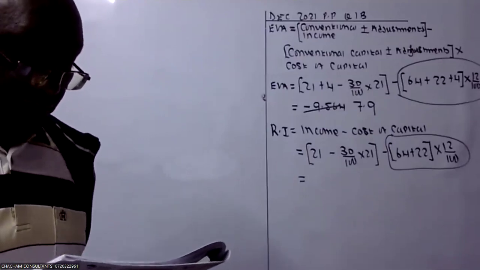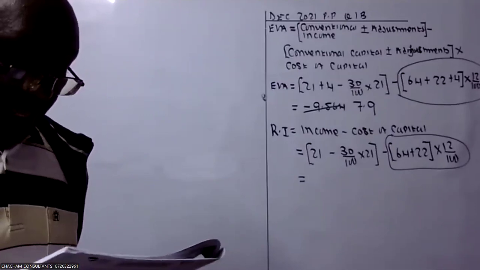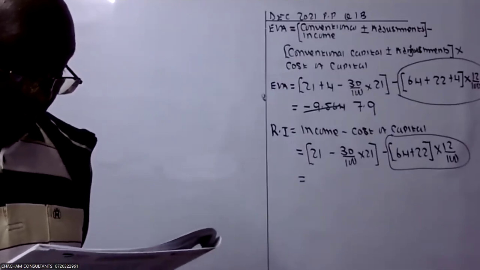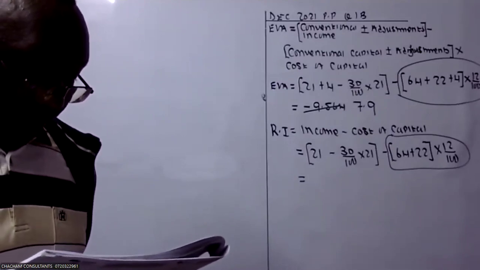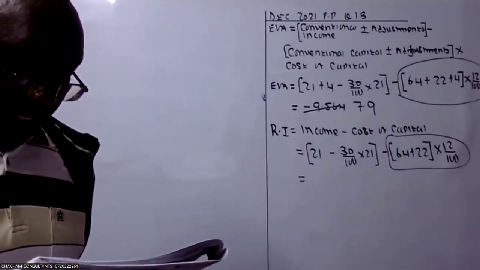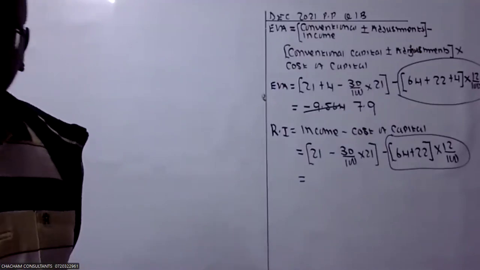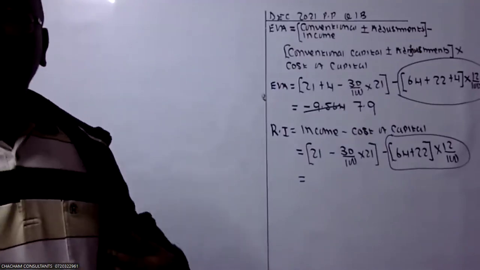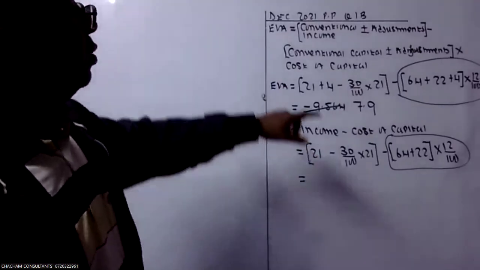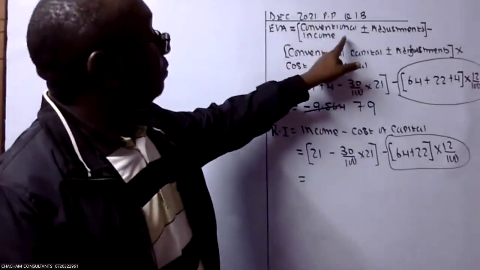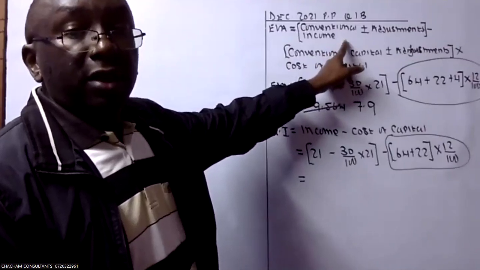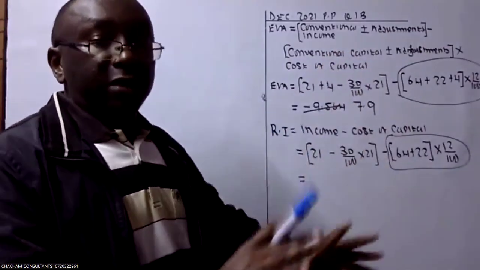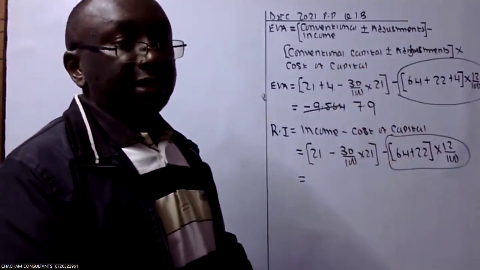So we have divisions, the head office. And then we are told to evaluate the divisional performance using the economic value added approach. So that question is exactly like this one. We are going to use this formula. But now that we have more than one department, we shall present it as a table.